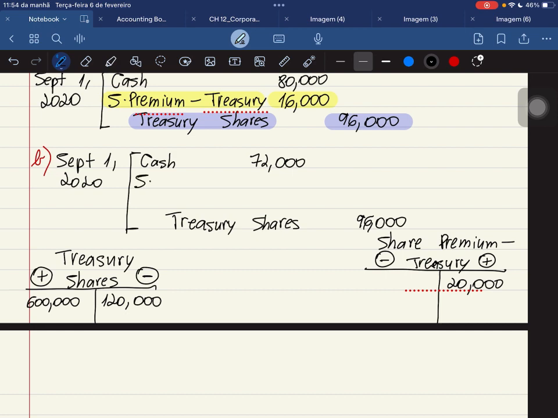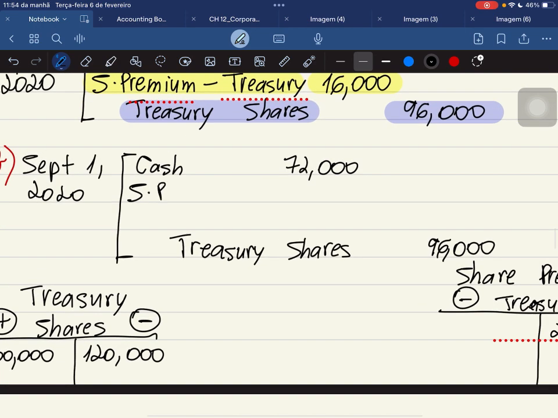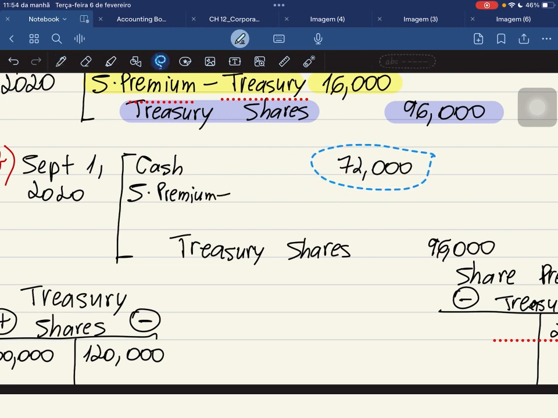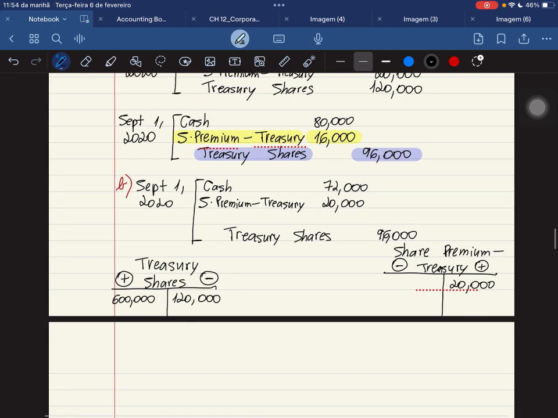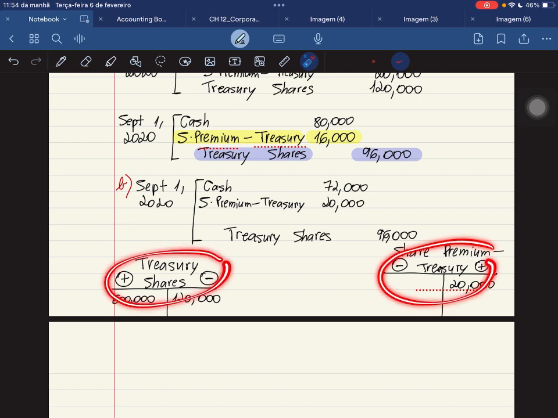So what we can do is to take all of that money that we have. In this case, we only have 20,000. So we're going to take that 20,000 away. And now we are missing 4,000 here in order to become this 96,000, right? Where do you get this money from? Well, you cannot get from here, you cannot get from here.